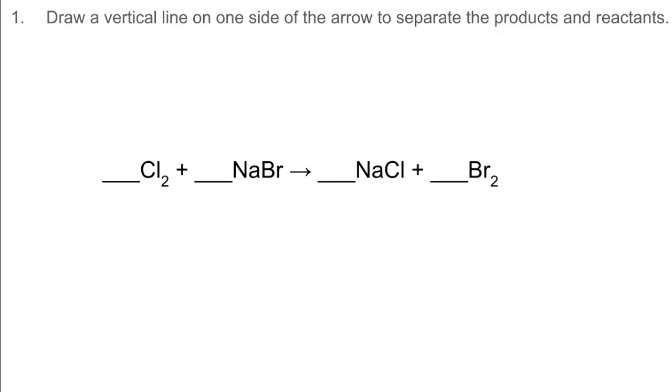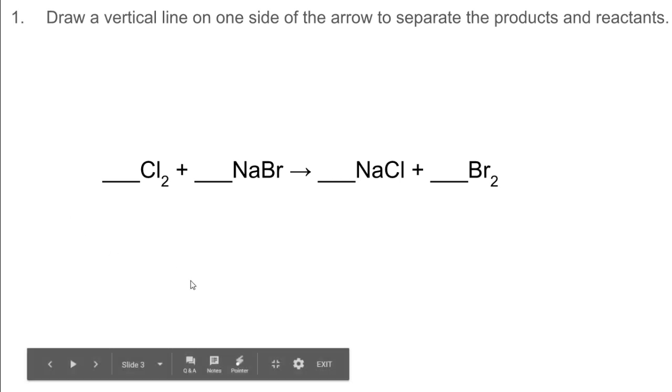So you do want to write down each one of these numbered steps, and you also should have an example written in your notes. So this would be a good example to have in there. Okay, so the first thing you want to do is go ahead and write this equation.